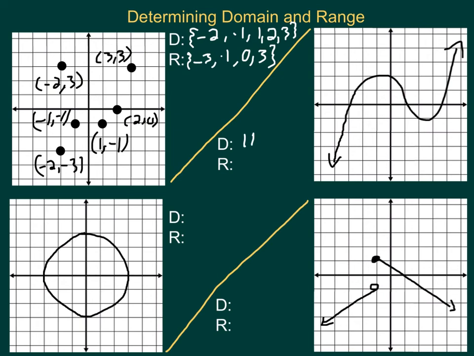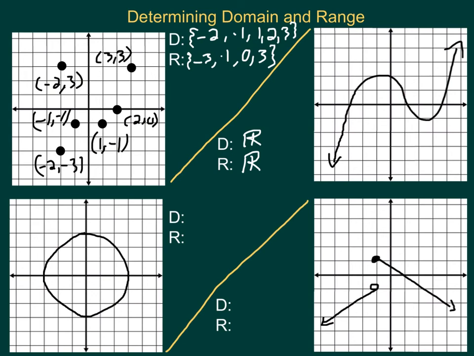It's going to be all real numbers because I can go to any x value. Similarly, because my arrow goes down and up forever, I'm going to cover the entire y-axis back and forth, which means my range is also all real numbers.